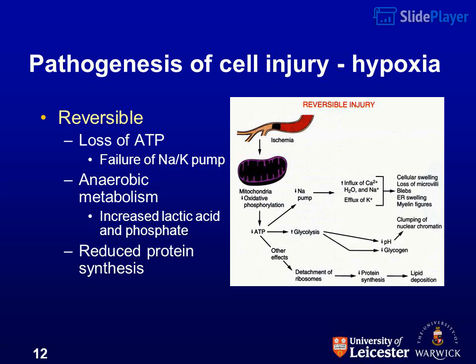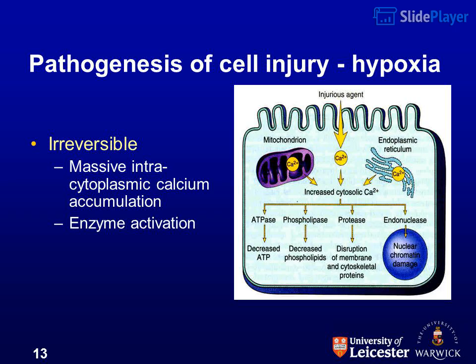Pathogenesis of cell injury: hypoxia, reversible: loss of ATP, failure of Na/K pump, anaerobic metabolism, increased lactic acid and phosphate, reduced protein synthesis. Hypoxia, irreversible: massive intracytoplasmic calcium accumulation, enzyme activation.